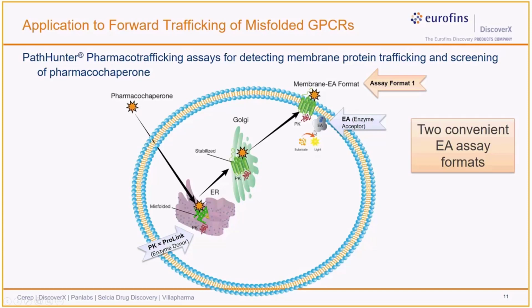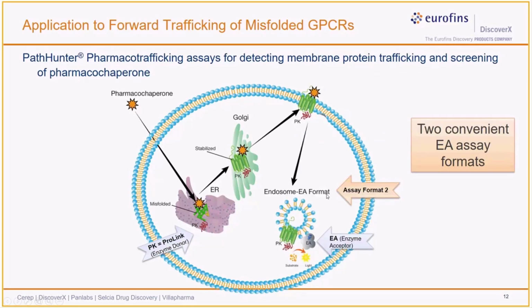So then with the addition of the substrate, enzyme complementation occurs and hydrolysis of the substrate, and then obviously a detection of that chemiluminescence signal. So this is the first assay format related to the membrane, and the second assay format is here.